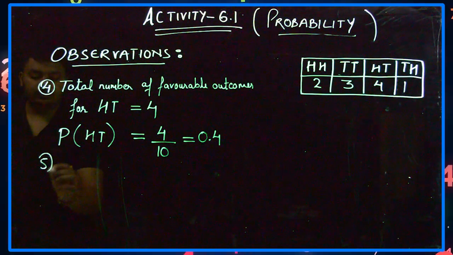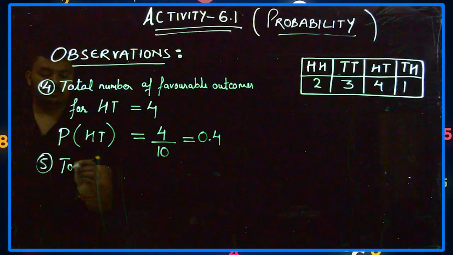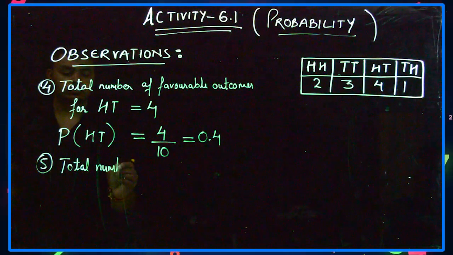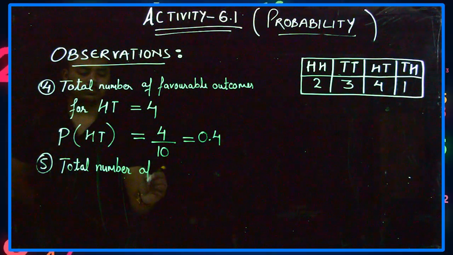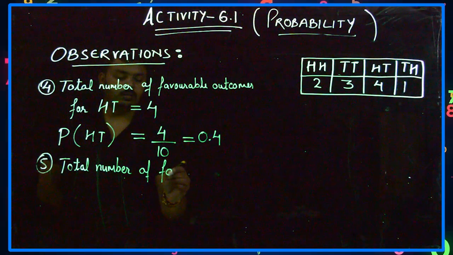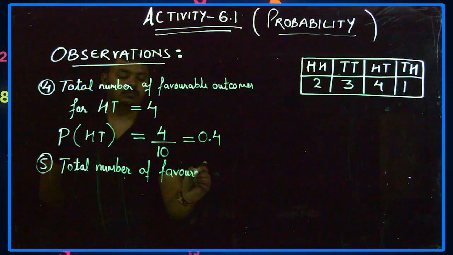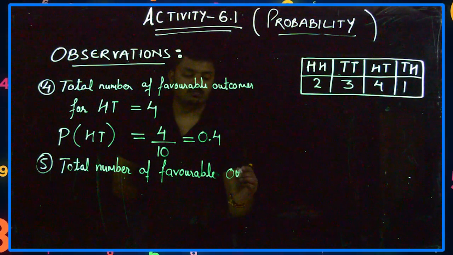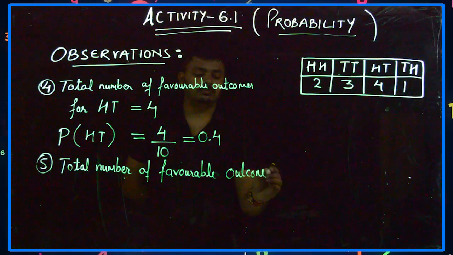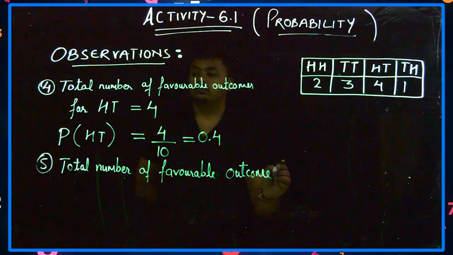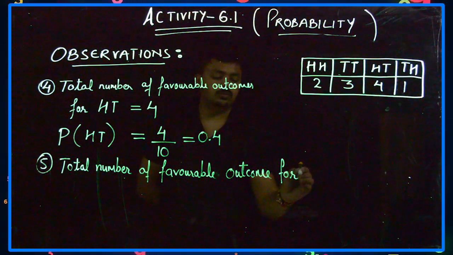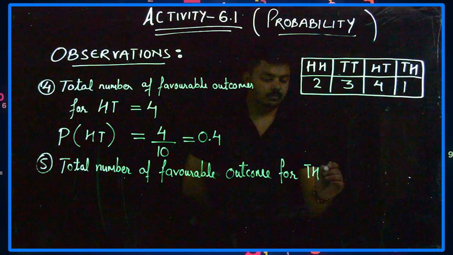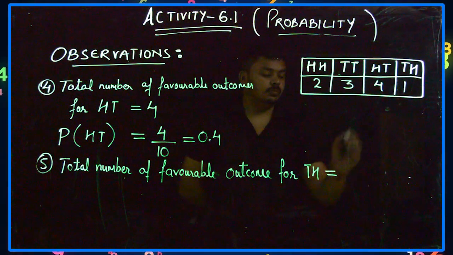Now observation 5, total number of favorable outcomes for TH, that is tail and head, is equal to 1.